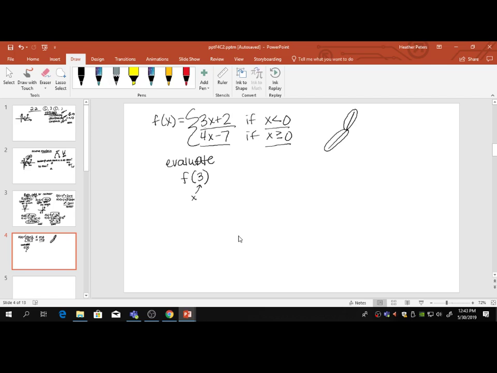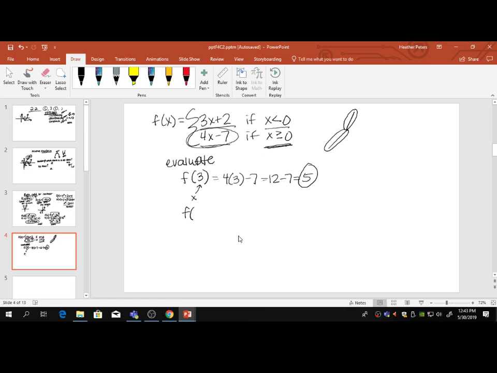So I need to figure out if this x value is less than 0 or if it's greater than or equal to 0. It is greater than or equal to 0 because 3 is larger than 0. So I'm going to use this equation, and I'm going to plug in 3 where the x is. So that gives me 12 minus 7, which is 5. So the answer is 5.